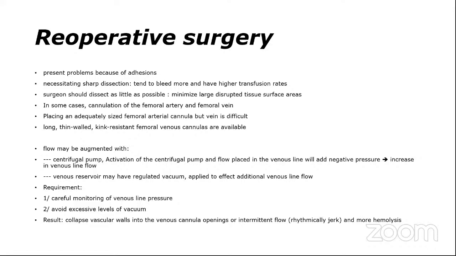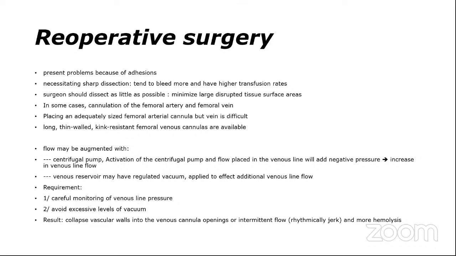All that will be difficult, necessitating the use of sharp dissection, and that tends to bleed and have a higher transfusion rate. The surgeon should dissect as little as possible during those redo cases and minimize large disrupted tissue surface area.